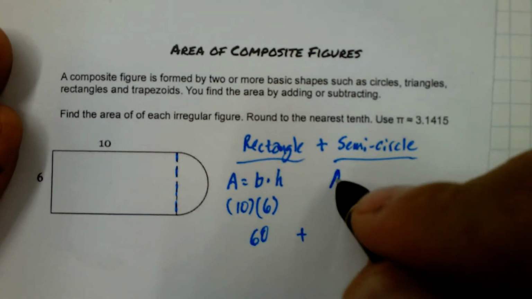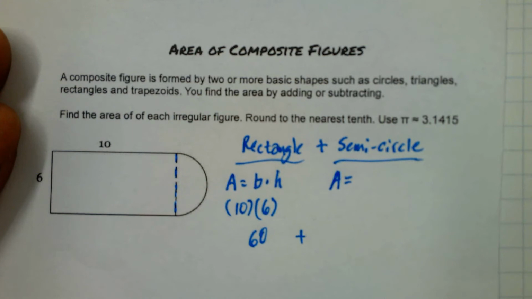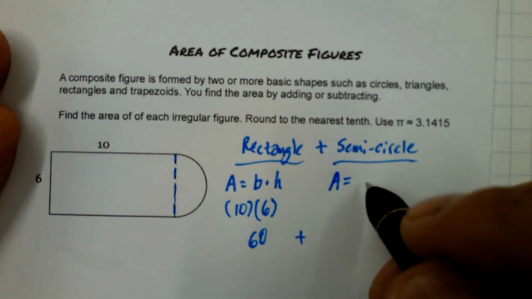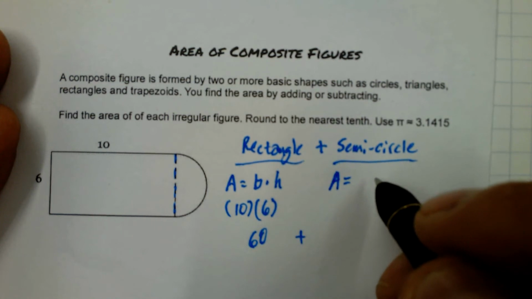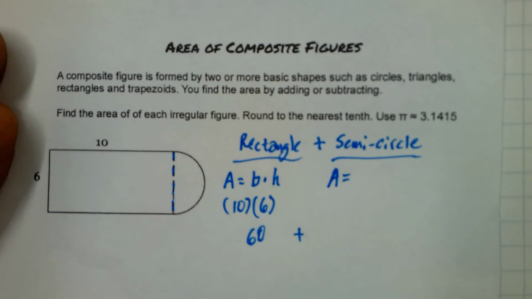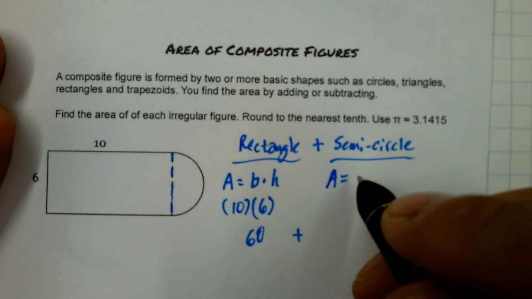So for the semicircle, what's the area of the circle? How do we find the area of a circle? We need to memorize these, by the way.